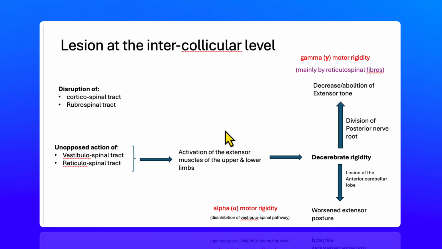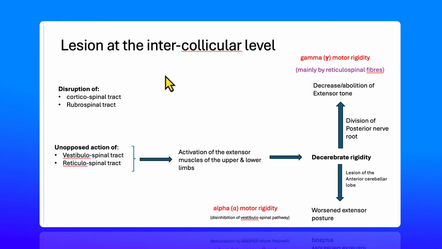And through his animal studies, they drew up what is likely to be the mechanism of this decerebrate rigidity from transection at the intercollicular level.